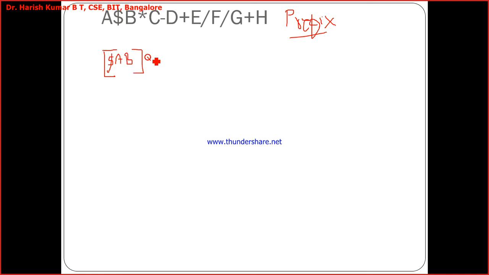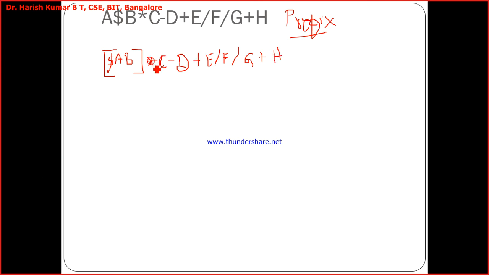And the rest all we write as it is, star C minus D plus E, divided by F divided by G plus H.